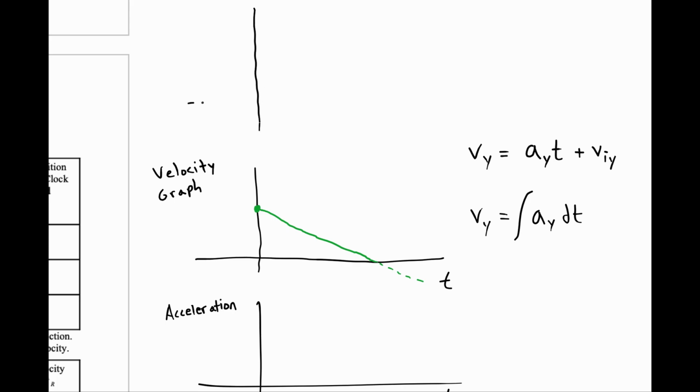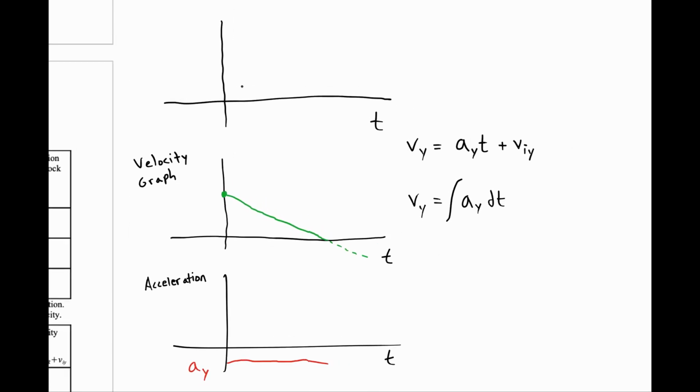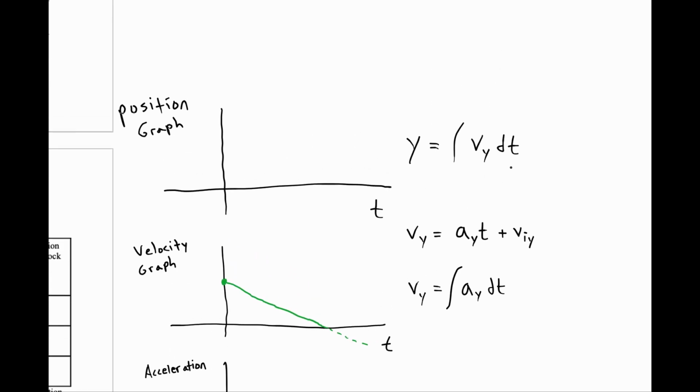Anyway, now you want to create a position function from this. So you got to integrate again. Alright, so the position is going to be the antiderivative of the velocity. So plug in the formula that we found so far. We had this, right?